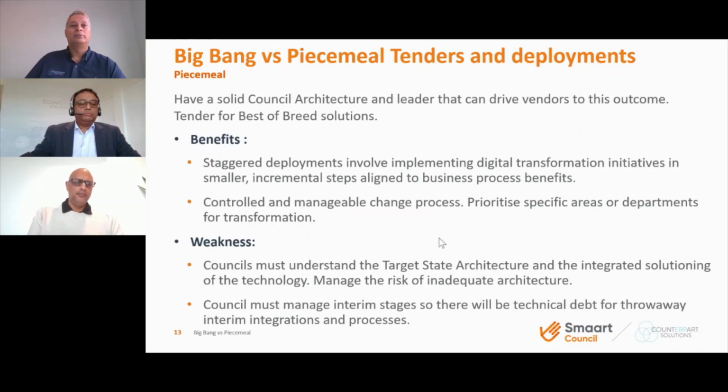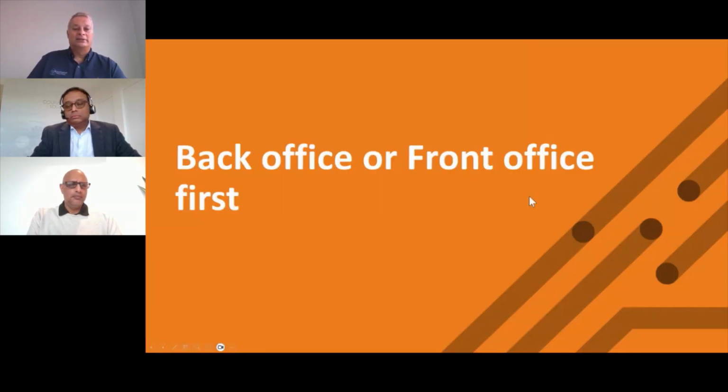So I might move on to the next one. I'll talk a little bit about back office or front office in the context of both of those big bang and piecemeal approaches. When you implement an ERP, regardless of whether it's big bang or piecemeal, the question comes across as, do we implement the back office or the front office first?